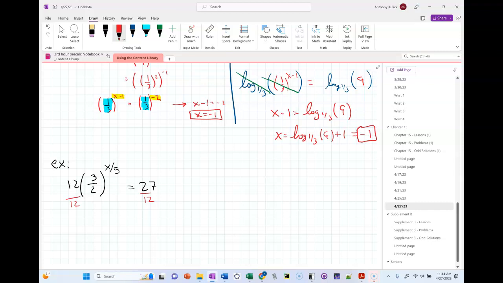Excellent. And then I can reduce that, right? Both of those are divisible by 3.